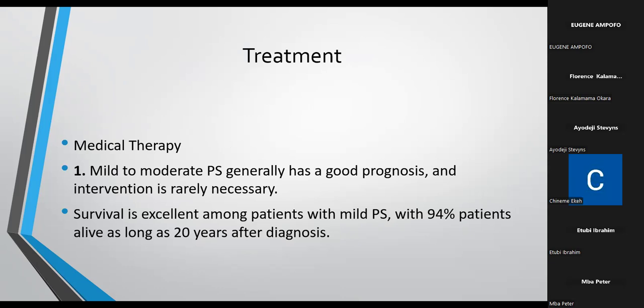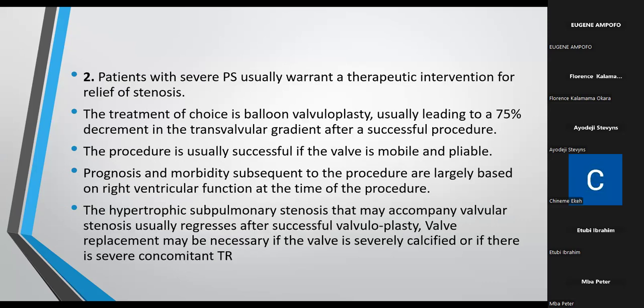Survival is excellent among patients with mild PS, with 94% of them alive as long as 20 years after diagnosis. A patient with severe pulmonary stenosis usually warrants a therapeutic intervention for relief of stenosis. The treatment of choice is balloon valvuloplasty, usually leading to a 75% decrement in the transvalvular gradient after a successful procedure.